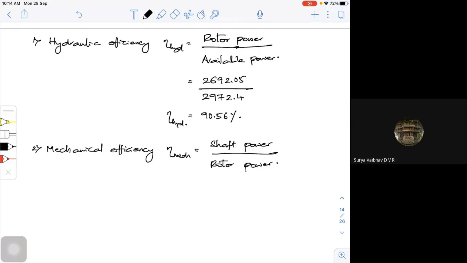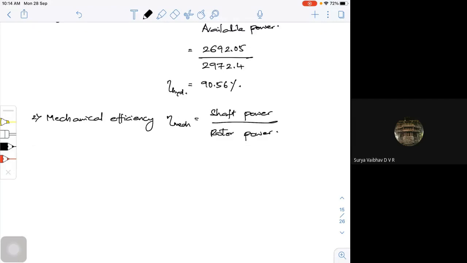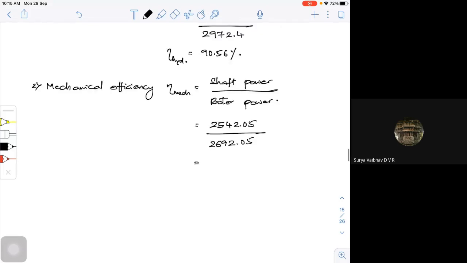So what is your shaft power? 2542.05 divided by 2692.05. If I take it, I am getting around 94.4%. This is my mechanical efficiency.